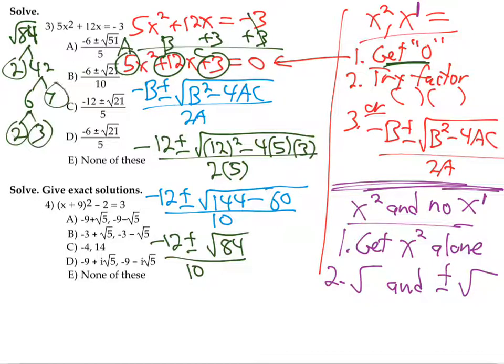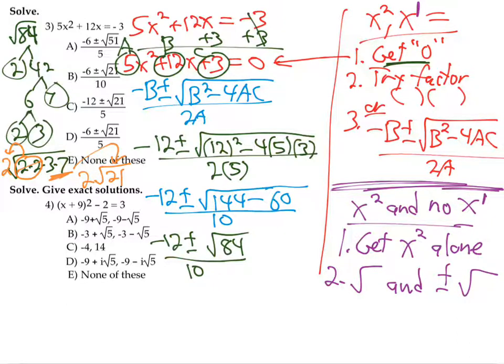So the square root of 84 is 2 times 2 times 3 times 7. And remember what square roots do? 2 for 1 deal. 2 2's in, 1 2 out, and they're gone. So it becomes 2 root, and then the 3 and the 7 go back to 21. So it's going to be 2 root of 21.